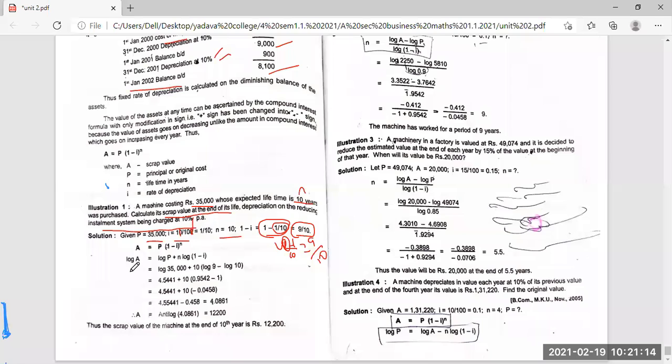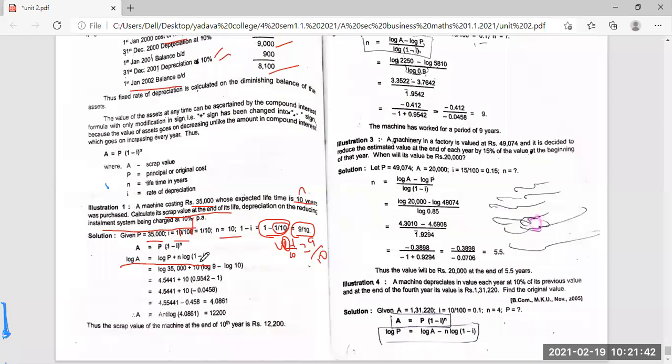So they convert it to log. Log A is equal to log P plus n log of 1 minus I. The n is brought to the front. So log P, that is principal 35,000, plus n is 10 years, times log 9 minus log 10.